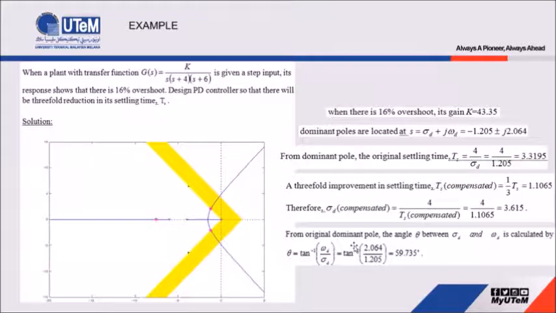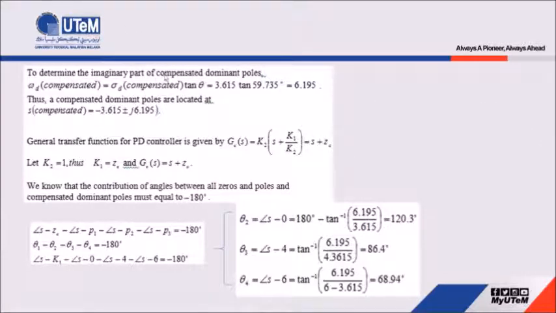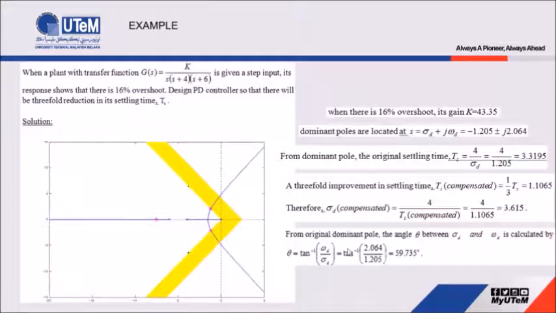Based on that, theta is equal to 59.735. To determine the imaginary part of the compensated dominant pole, we use the same formula, but with the new value for sigma d, because we already calculated sigma d when we improve the performance of the system by using a PD controller. So sigma d should be 3.615.